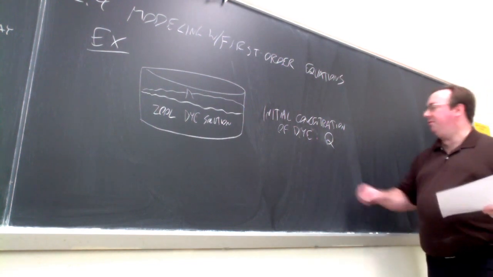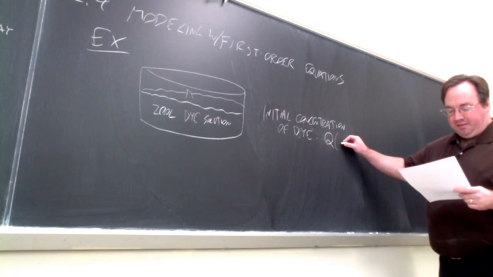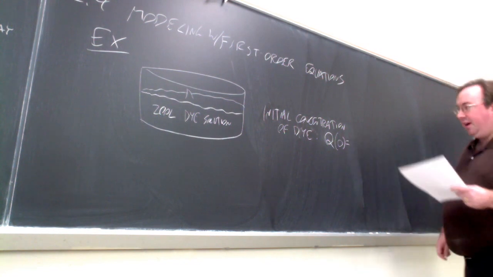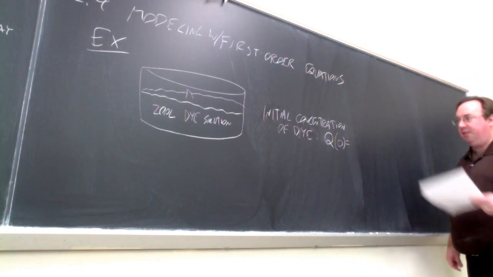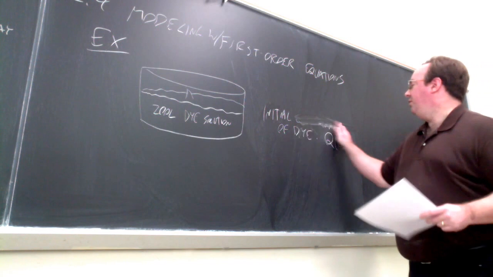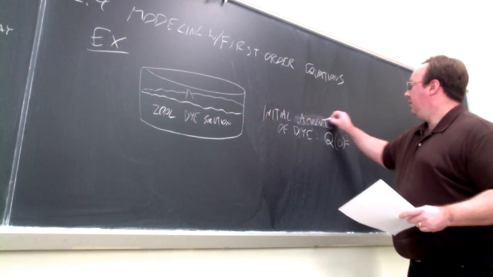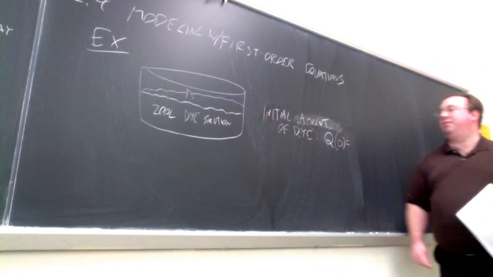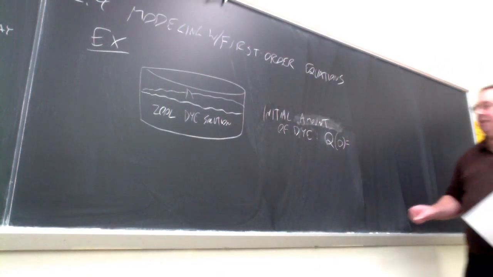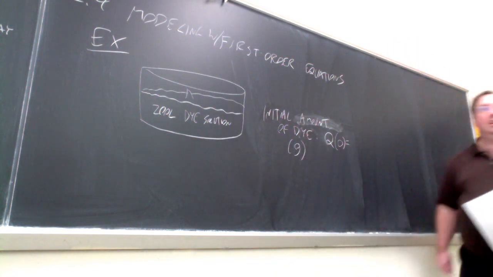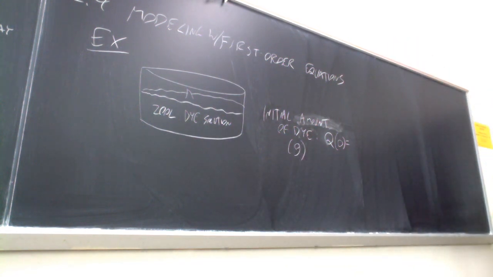That's really what I'm going to solve for. So at the initial time 0, it's going to be, well, actually, no. Sorry, Q is not concentration. The initial amount of dye, and that amount is expressed in grams.